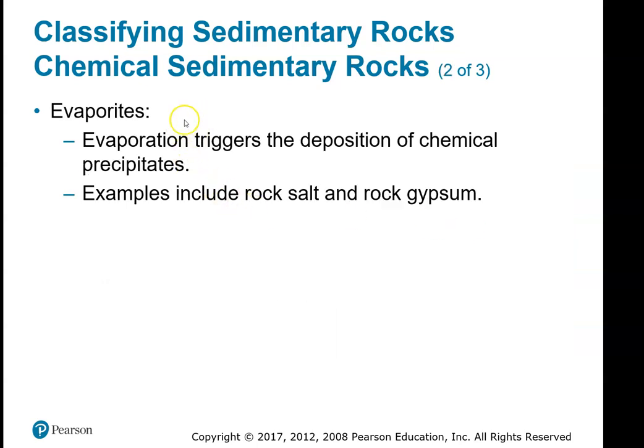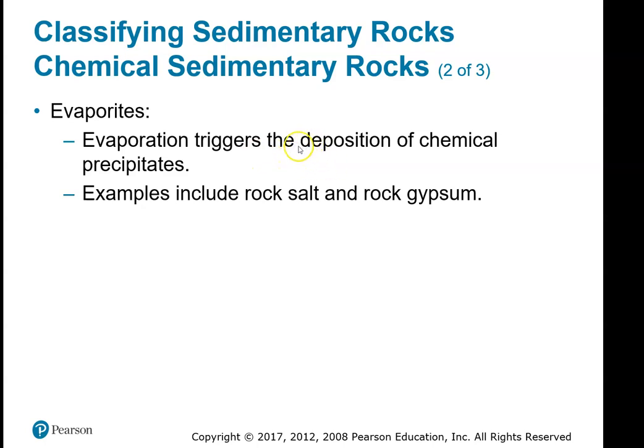All right, so evaporites. Let's talk about that just a little bit, because this also goes into these chemical rocks. For example, you have salt in water.